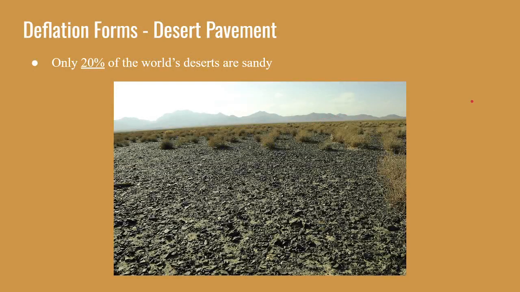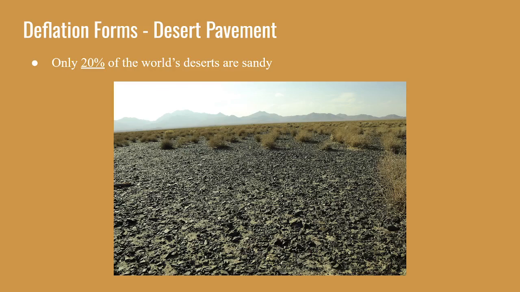So when we're talking about deflation, the main example is desert pavement, which is a landscape like this where all of the finer sand-sized particles have been blown away, leaving behind a landscape full of larger stones that the wind can't pick up. Now below these stones might be more fine sand that is being protected by an armor layer of stones, but this is desert pavement.